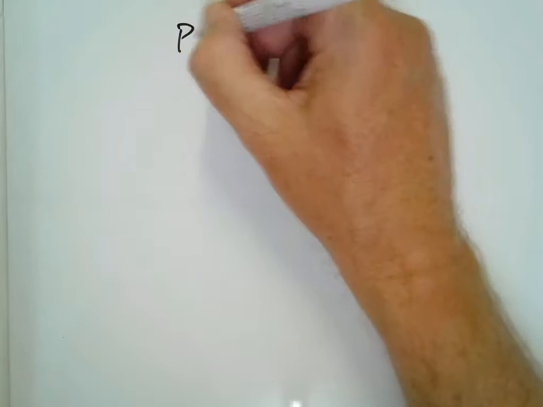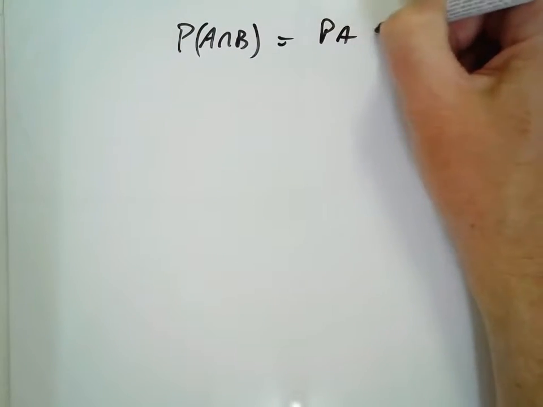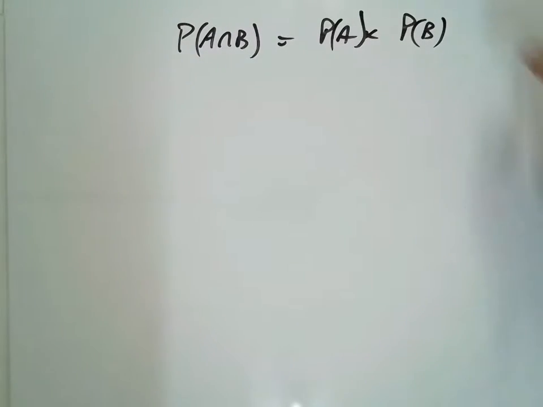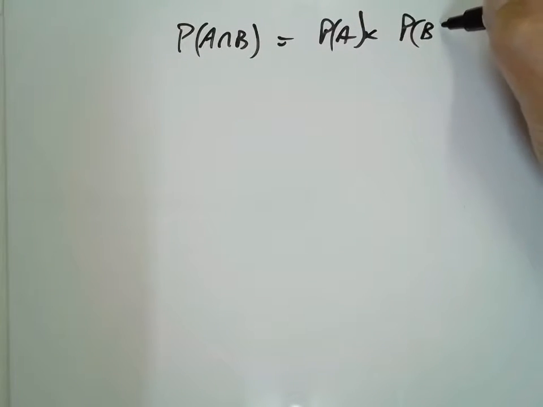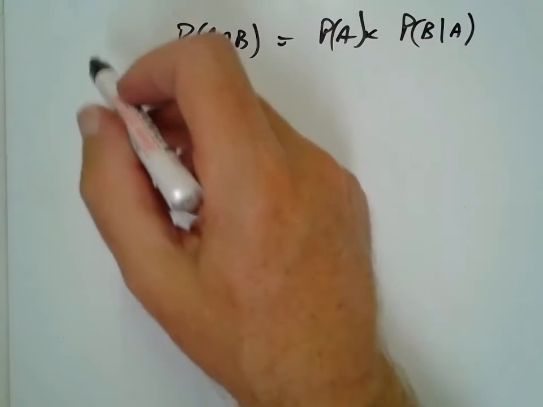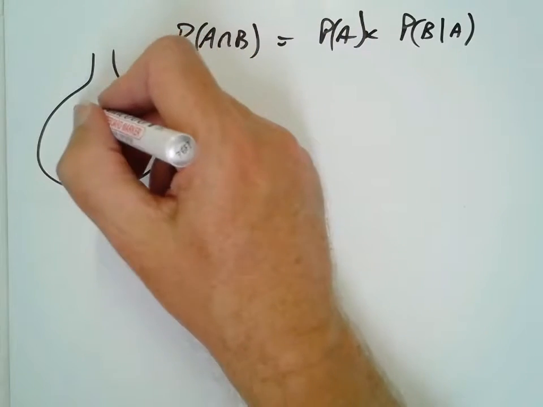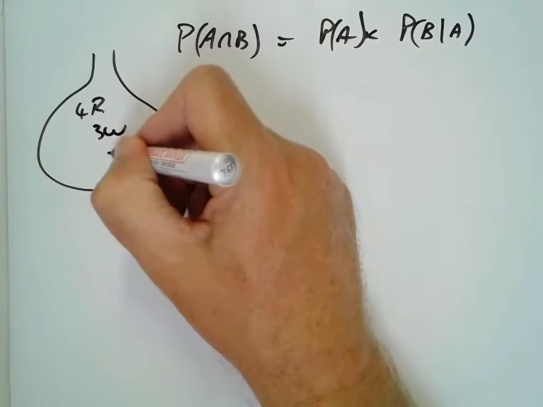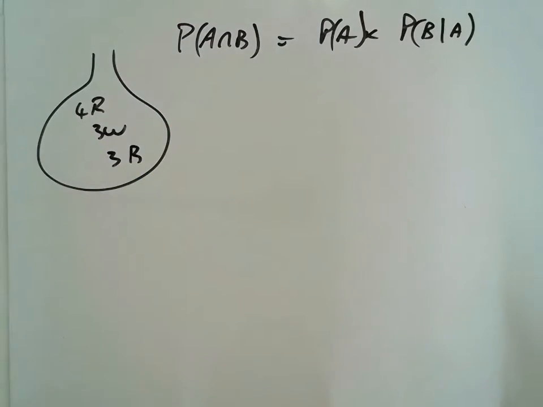So our probability of A and B goes from that to the probability of A times the probability of B given that A has happened. Let's just go to the whole, I've got different coloured balls in a bag. Red, white and blue. 4 red, 3 white and 3 blue.